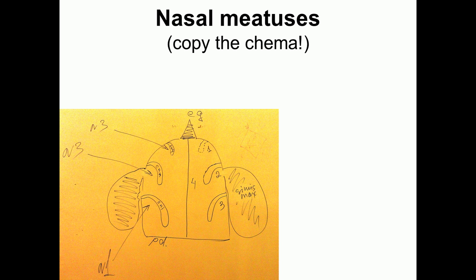It was drawn several times, several years ago on the whiteboard, and now we can designate each structure here. CG, what is it? CG, crista galli. PD, what? Here it is PD. It's palatum durum.